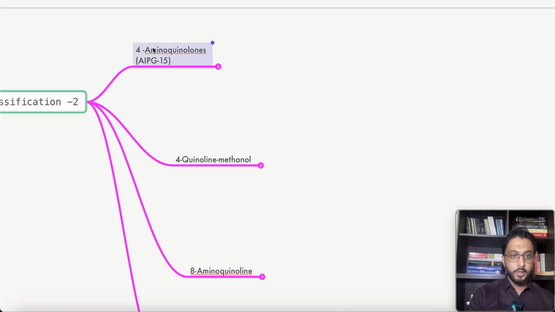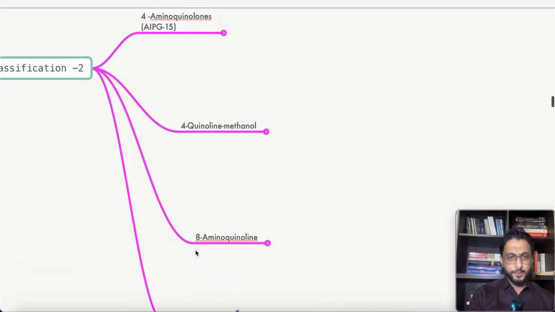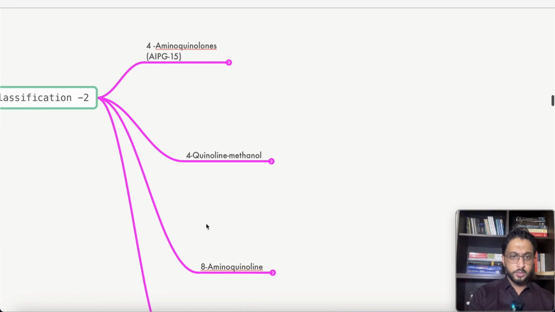There are two types, 4 and 8. In between, which belongs to the 4-aminoquinolines, there is this thing called 4-quinoline methanol. Okay, 4-quinoline methanol. This is 8-aminoquinoline. Finally, cinchona alkaloids. If you don't learn that, at least know these three.